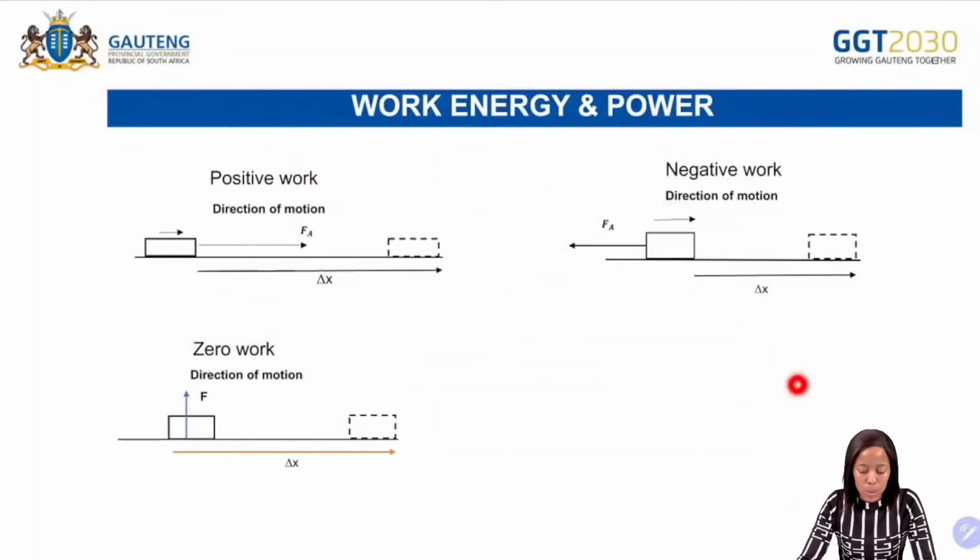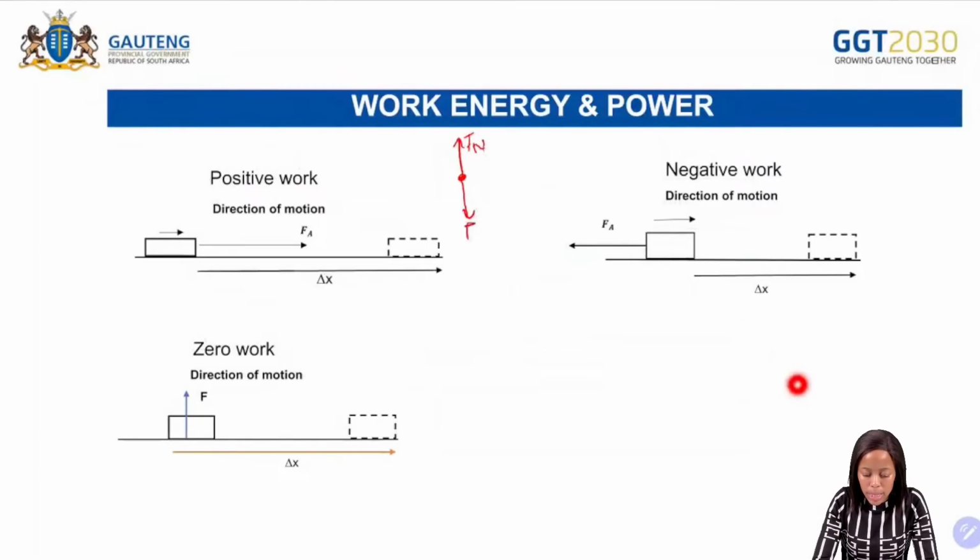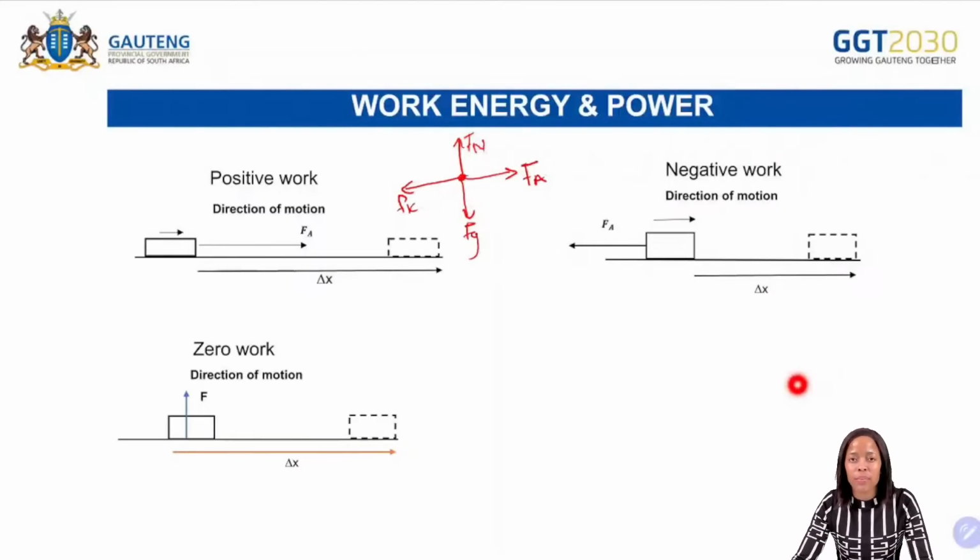Now, when it comes to positive work, so now let's say this is your free body diagram there. So normal force, gravitational force, and then let's say on the right we have the applied force, and then on the left we have the kinetic friction there. So when it comes to positive work, we are saying that it is when the displacement is in the same direction as the applied force.